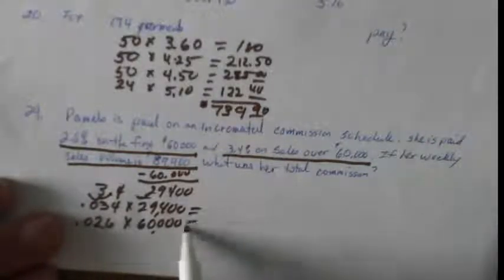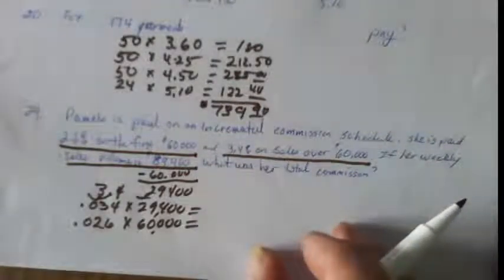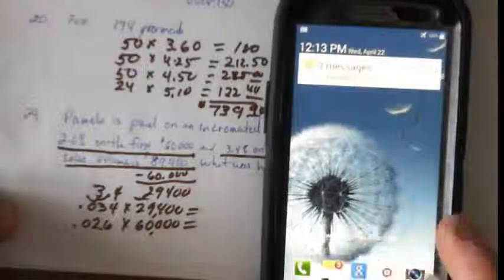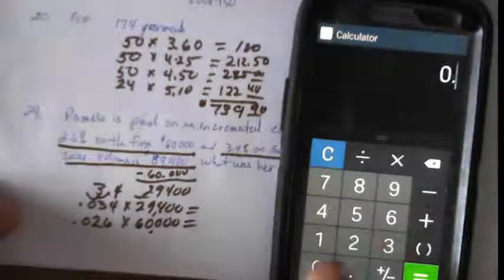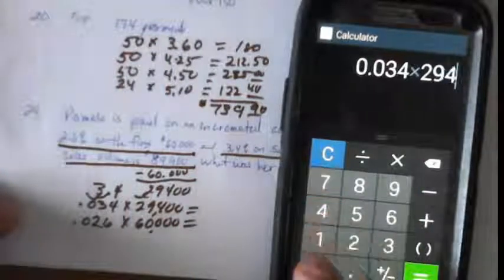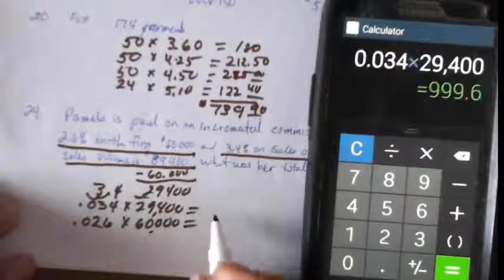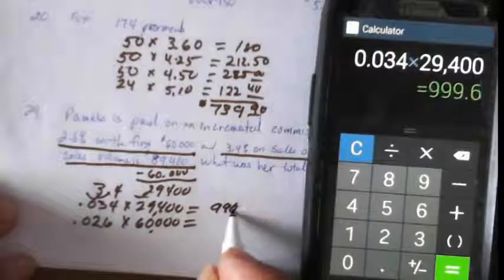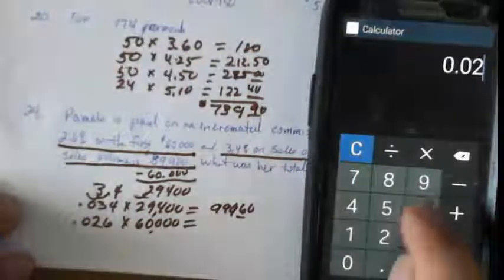Okay, and then we just simply multiply those two numbers through, and we would get then, now we can do it on the calculator, I guess, as long as it comes through here. So we have 0.034 times 29,400, so the commission, the extra bonus then is 999.60 on her first.